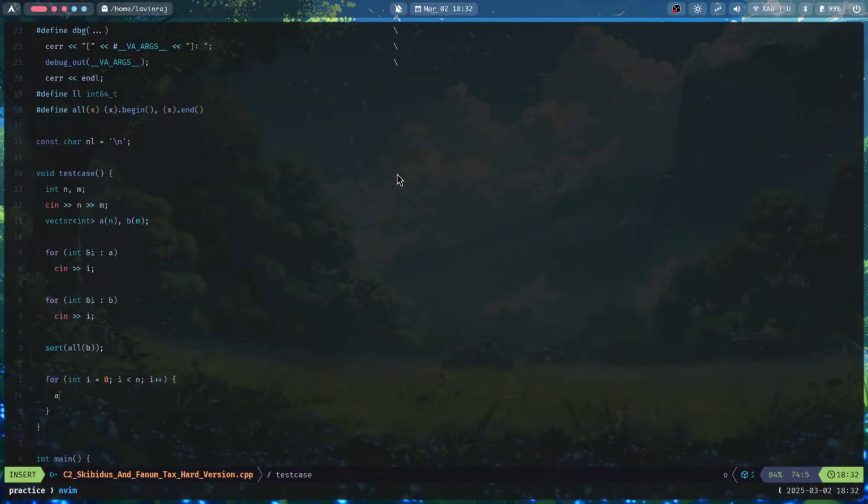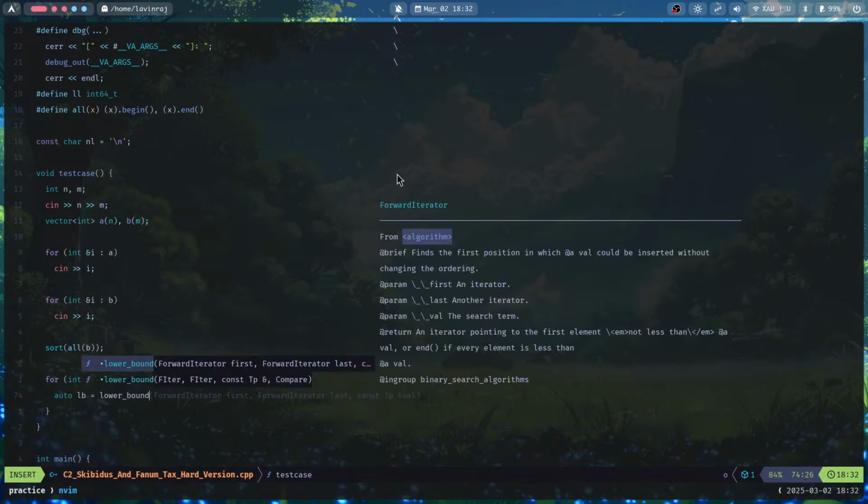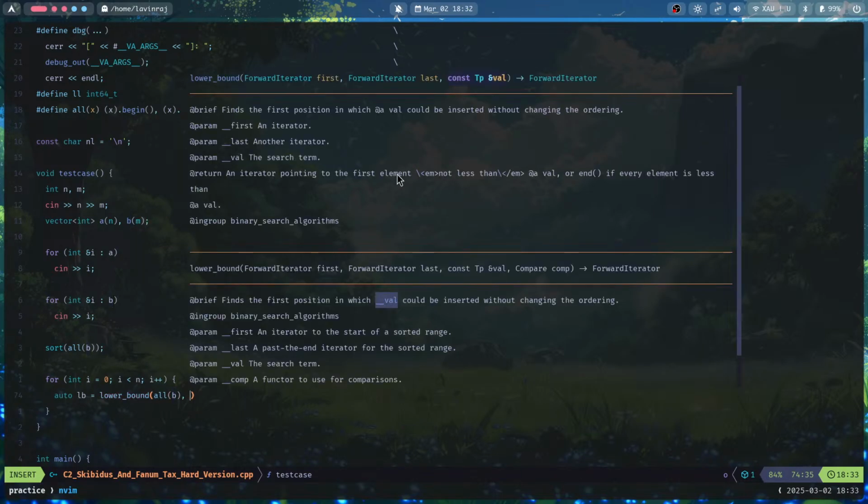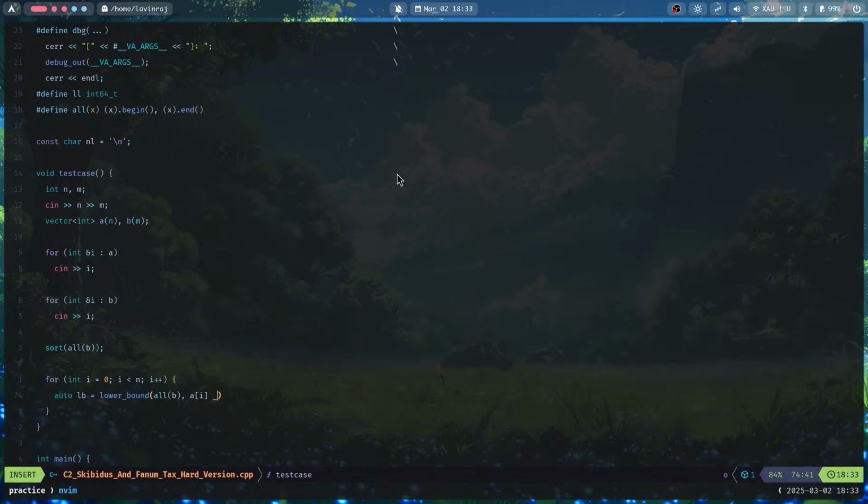So let auto it, or you can say lb, be equal to lower bound of B for a[i] plus a[i-1].